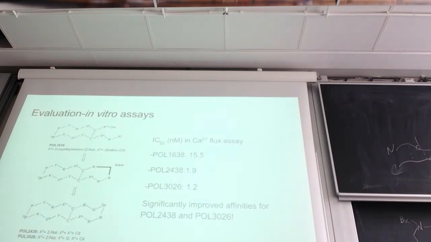And then IC50 was determined for the optimized analogues of P22 in the calcium ion flux assay, POL2438 as well as POL3026. Their stabilizing hairpin structures exhibit significantly improved affinities for the target.